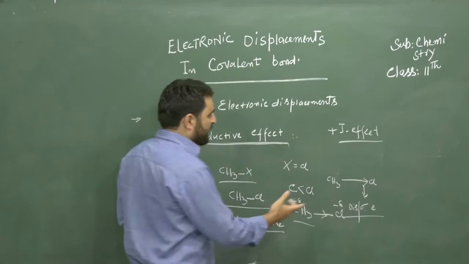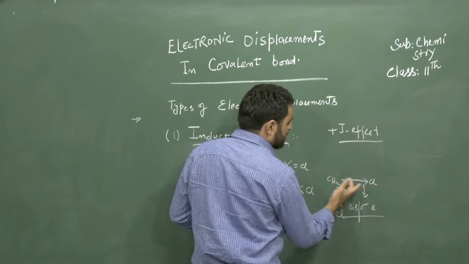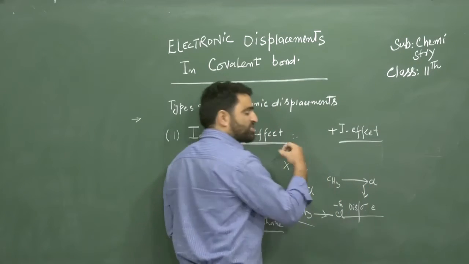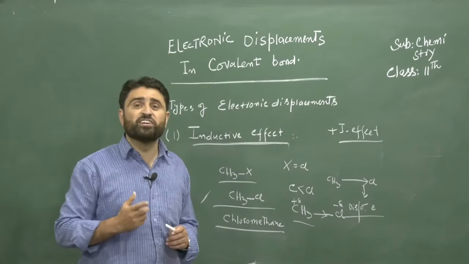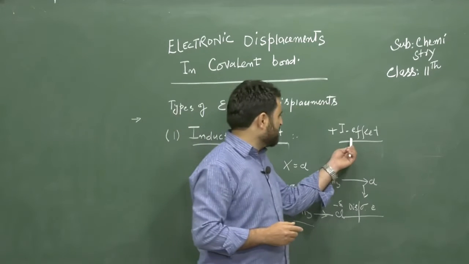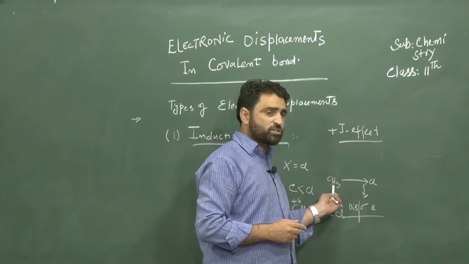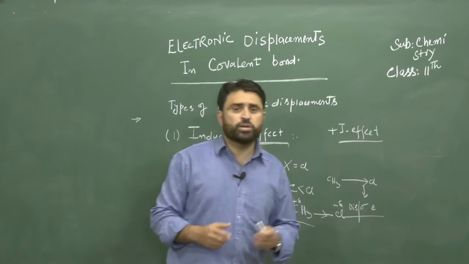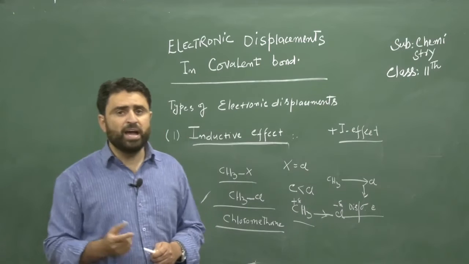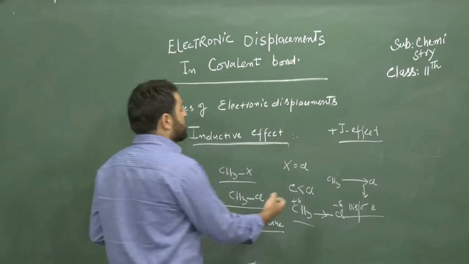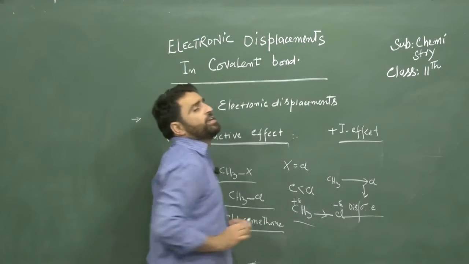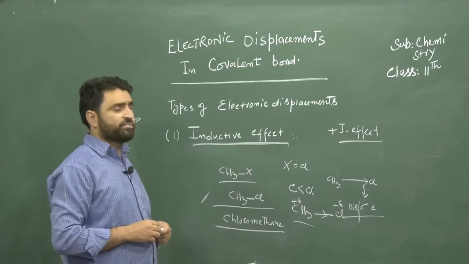In case the electronegativity of Cl is lower than that of methyl, the Cl will withdraw electron. At that time it will be the reverse. So plus I means when the hydrocarbon part releases electron towards the high electronegative atom.